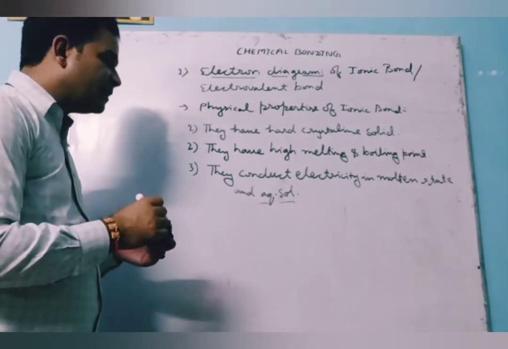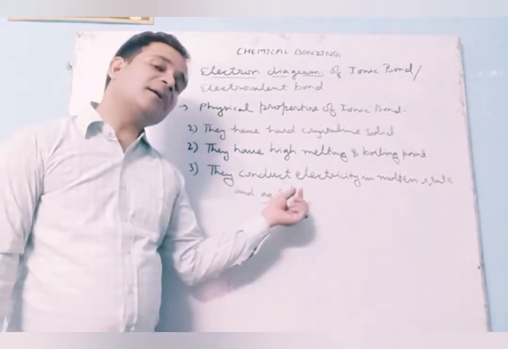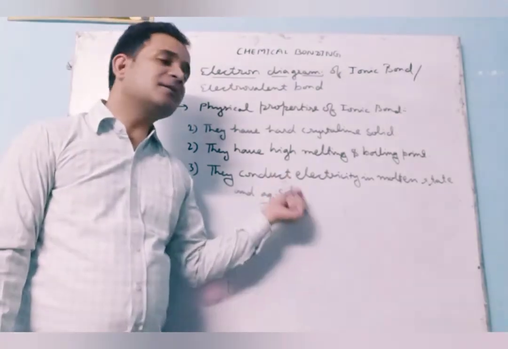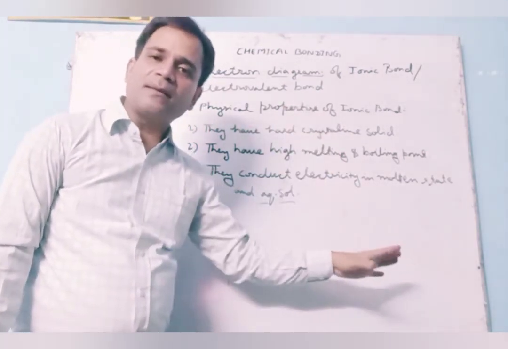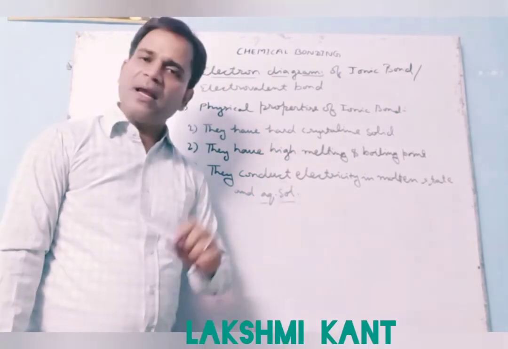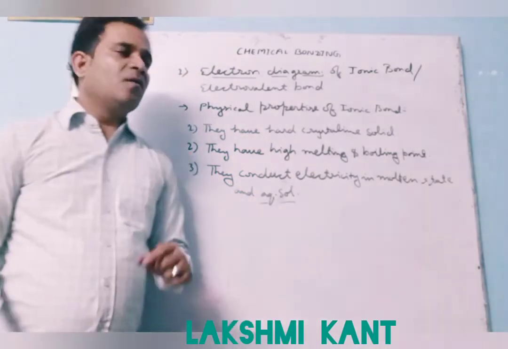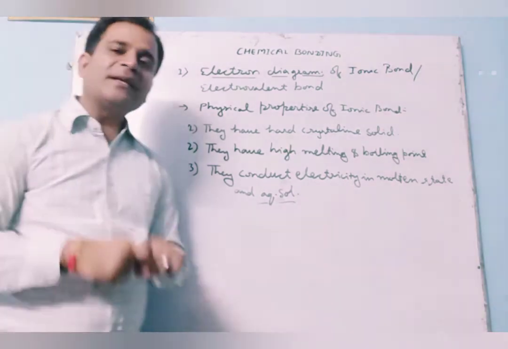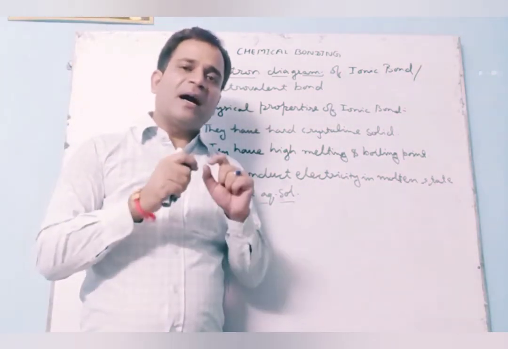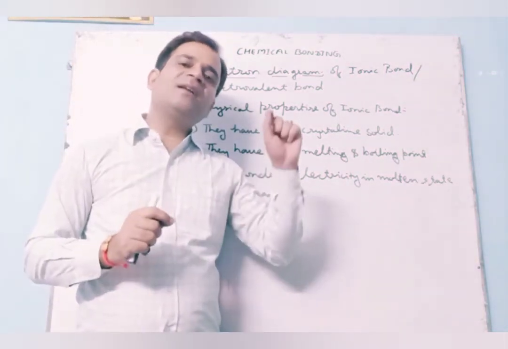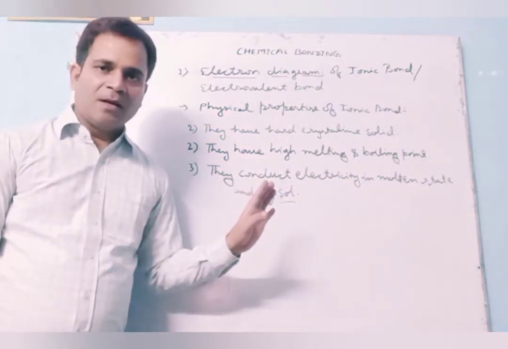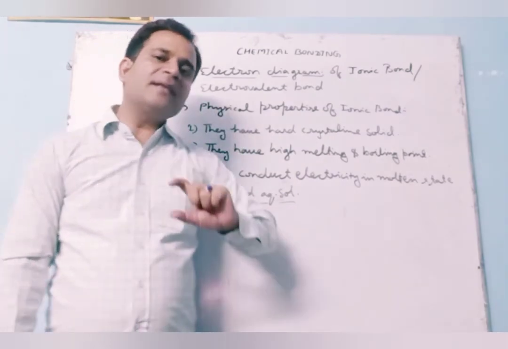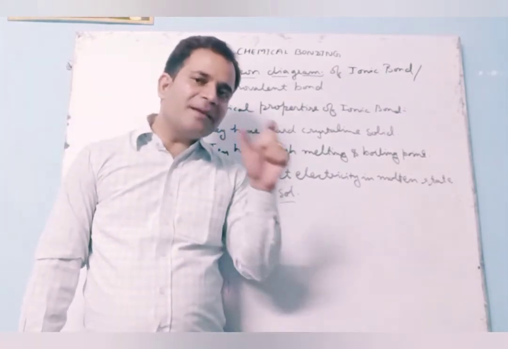What I am saying, they conduct electricity whenever the sodium chloride is in the molten state or in the aqueous state. Why? The reason is here. Whenever the sodium chloride is in the molten state, its ions are free, and if the ions are free, then it easily conducts electricity. In the aqueous solution, the water has a tendency to break the ions.